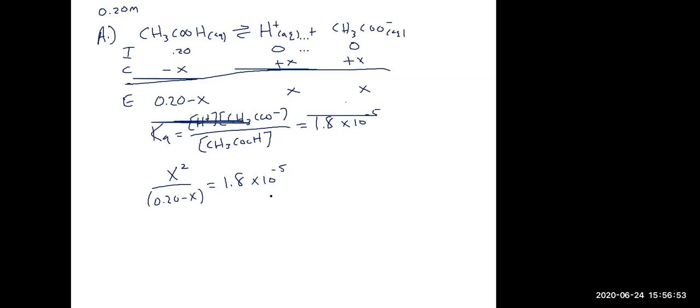So we're going to assume x is 0, so it will give us x squared divided by 0.2 equals 1.8 times 10 to the minus 5. Multiplying the 0.2 to the other side times 1.8 times 10 to the minus 5, taking the square root of it, gets us 1.9 times 10 to the minus 3 for x.